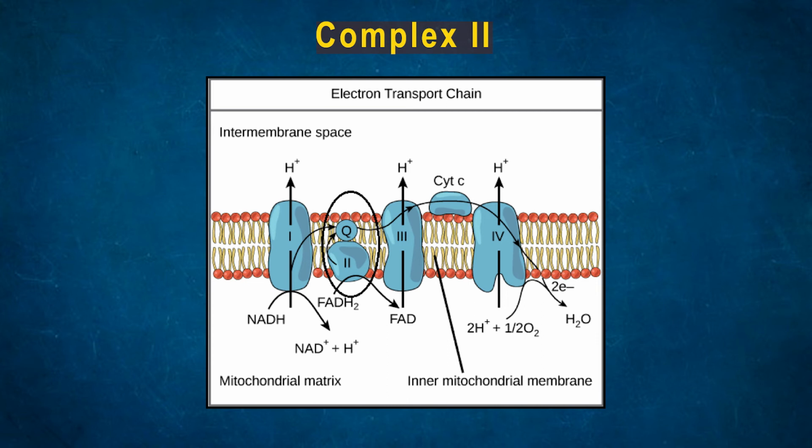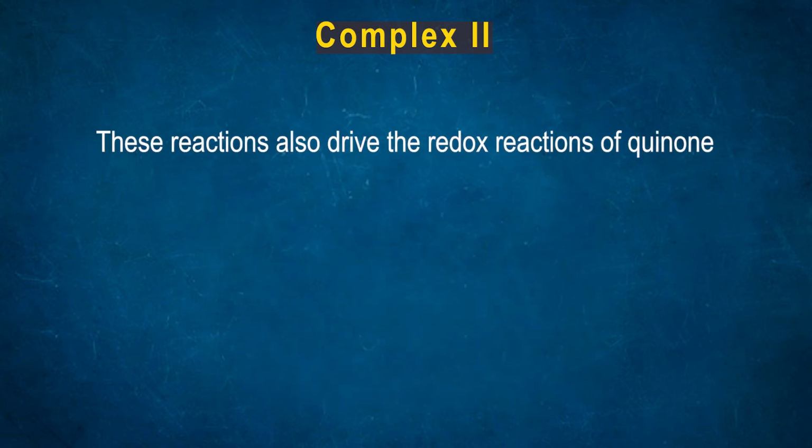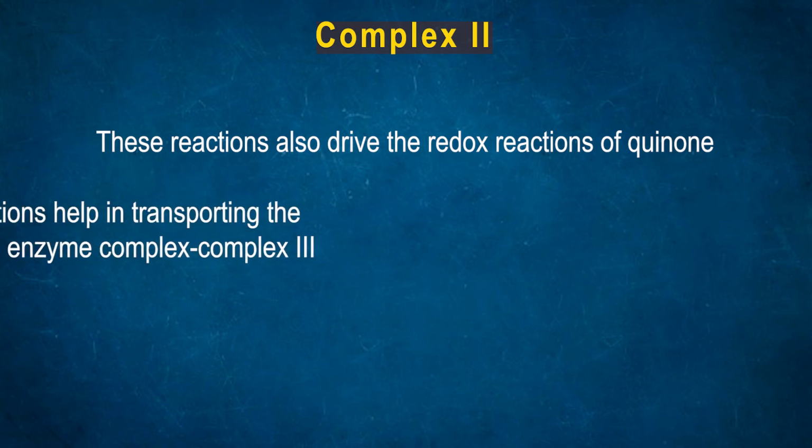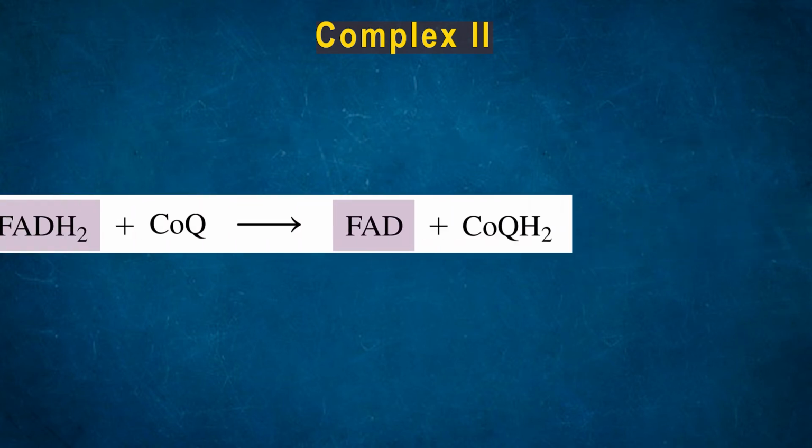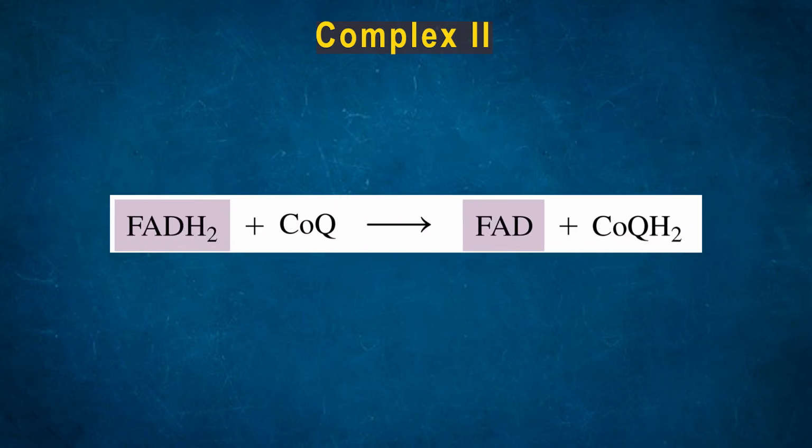Two electrons are transferred to the mobile carrier CoQH2. These reactions also drive the redox reaction within quinone. These sets of reactions help in transporting the electrons to the third enzyme, complex 3. So FADH2 plus CoQ gives rise to FAD and CoQH2.